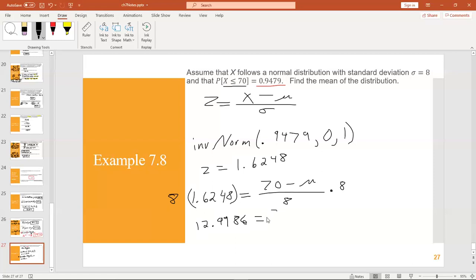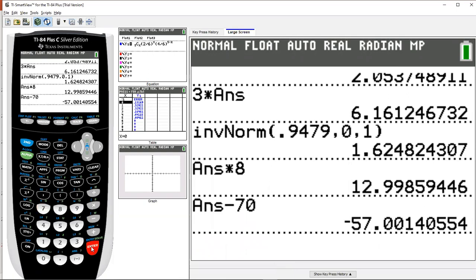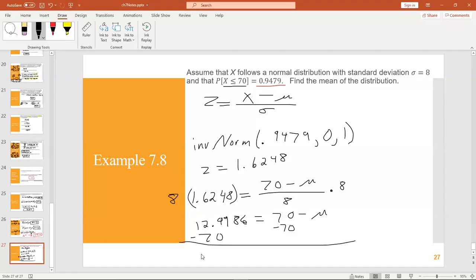That's equal to 70 minus mu. So then you would subtract 70 from that. Let's see. So subtract 70 from this thing, and you will get negative 57, essentially.